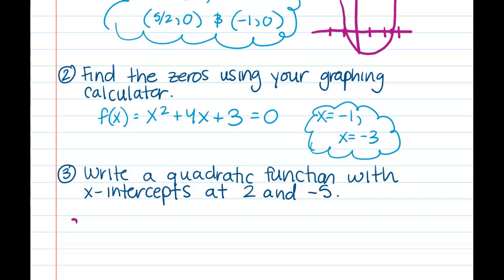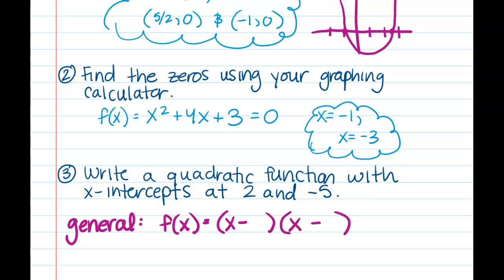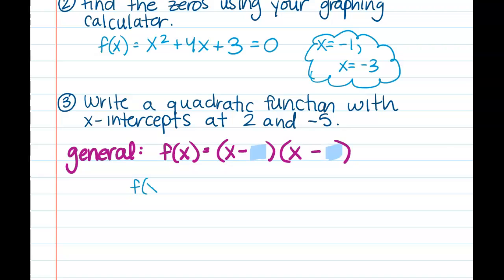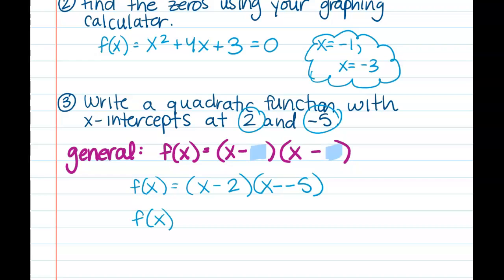Okay, well, in general, when you're writing a function, let's say it's f of x, we're just going to take x minus and x minus. So however many zeros you have, the zeros go right in there. So for this example, f of x equals x minus 2, there's one of them, times x minus -5, there's the other one. So I can simplify this to be f of x equals x minus 2 times x plus 5.